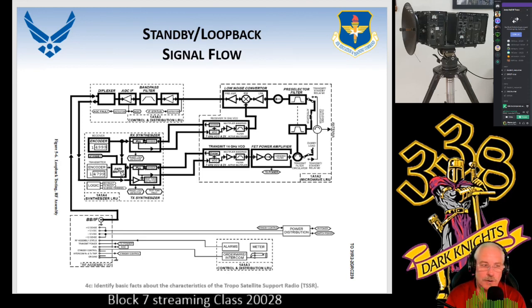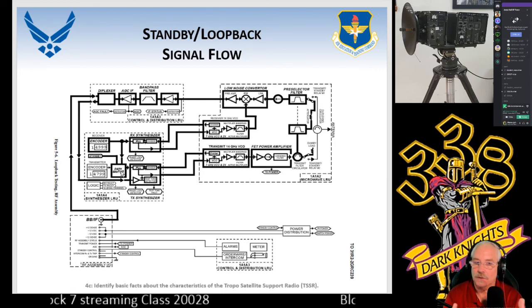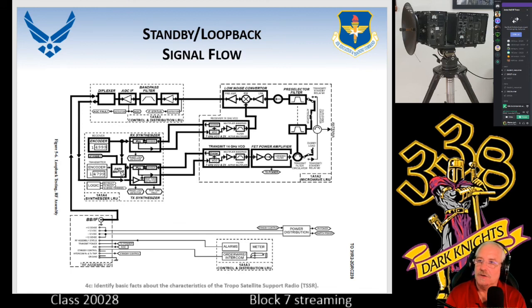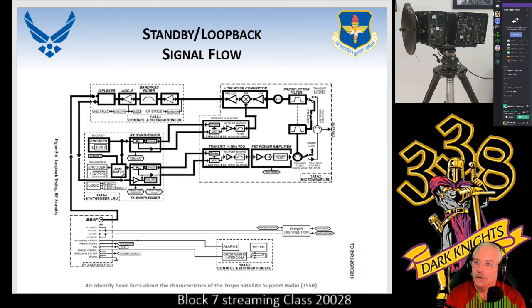Well, if you put the transmitter encoder in line and you're doing a loop back, you're not going to receive it. So the engineers said, hey, if I flip this in standby, I'm going to use the receiver encoder. I'm going to use the data switch to change what encoder I need to go for. So with it in operate, it's going to use the transmitter encoder and let the transmit signal go out.